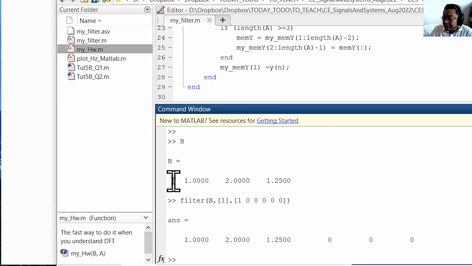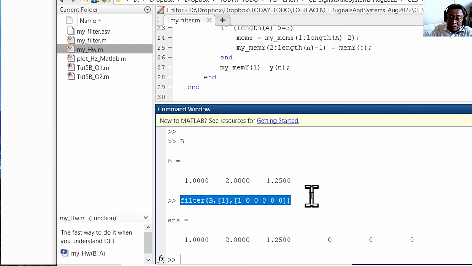B is given here, the coefficients 1, 2, and 1.25. This is the coefficients of the impulse response. A is set to 1 here, and x is given by the impulse, where at time n equals 0, or in this case n equals 1, because MATLAB starts from index 1, the value is 1, and the rest of the values are 0.